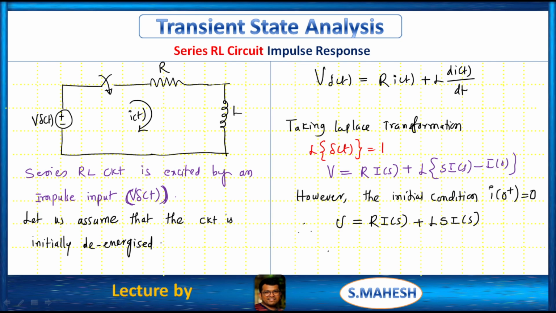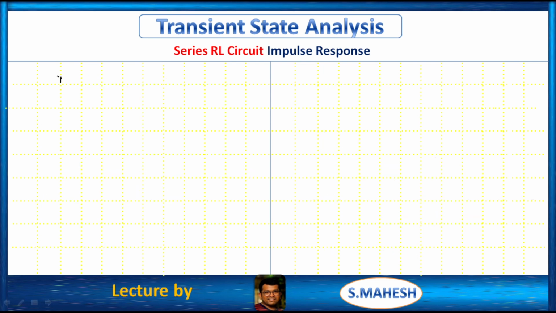So from this I of s gets common: V by R plus Ls, okay? I of s is V by (R by L plus s). So I of s equals V by L into 1 by (s plus R by L).